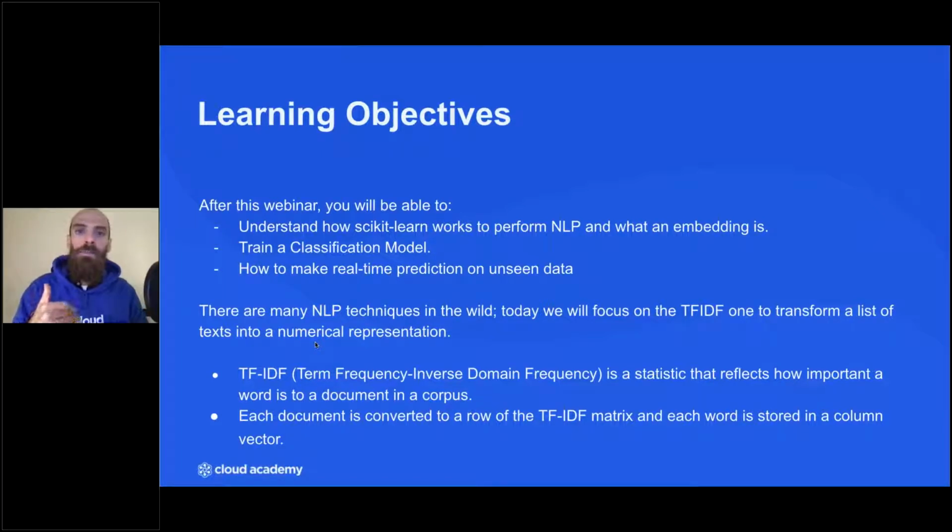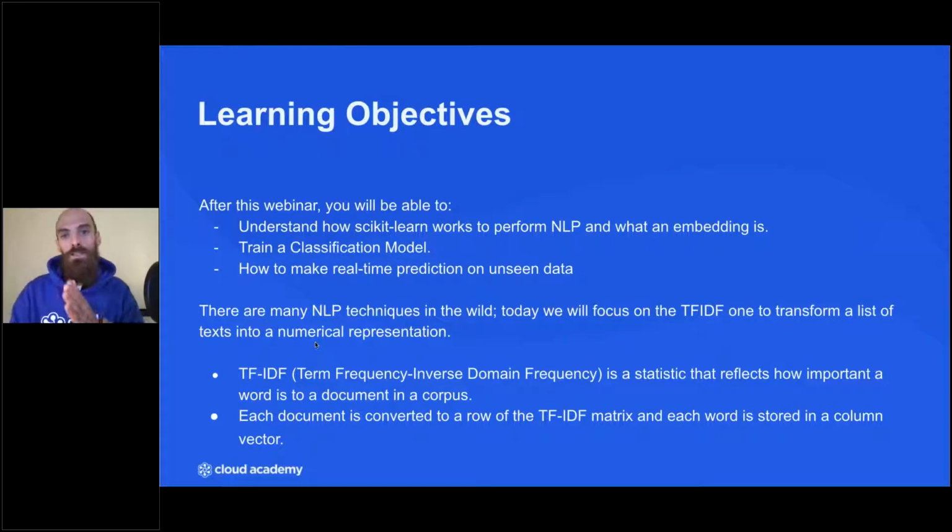When you apply Tf-Idf, you convert a document into a row of your Tf-Idf matrix, and we are going to understand today what a Tf-Idf matrix is, and each single word is stored in a column vector.